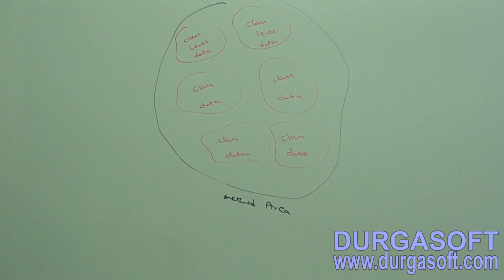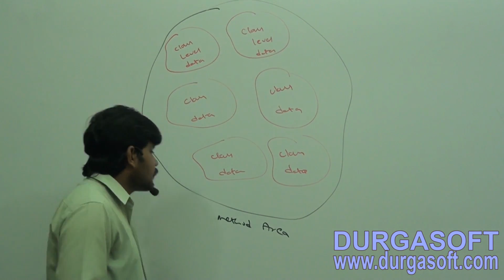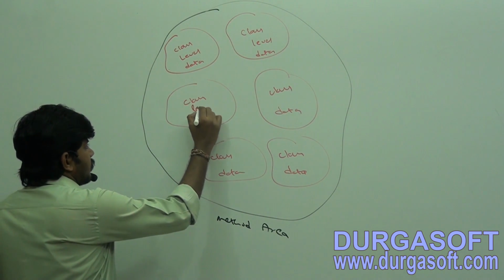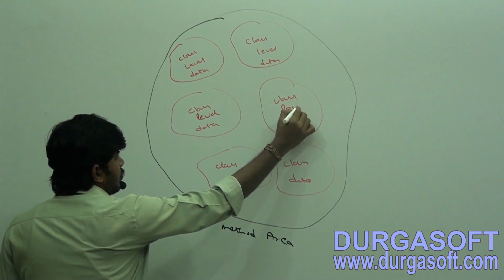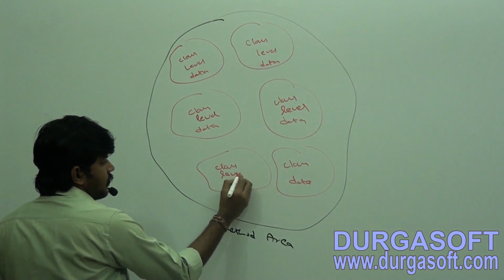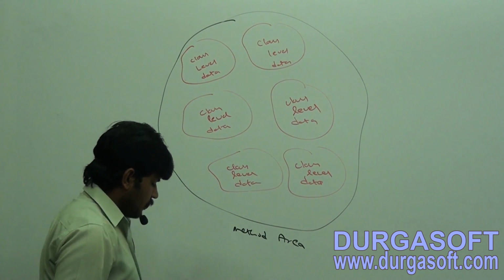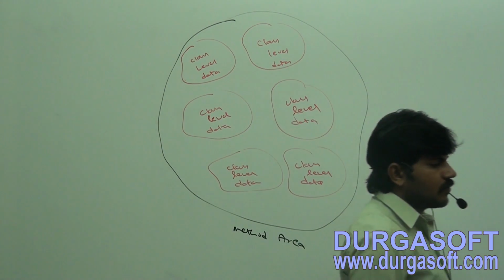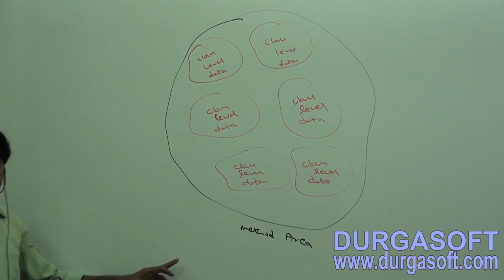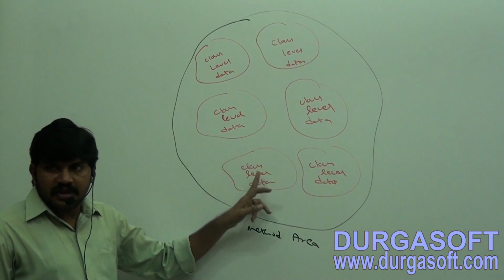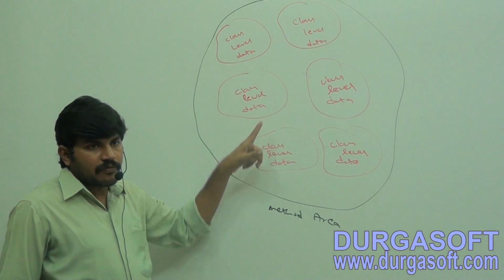Class level data like this. So are you able to understand that inside method area which data by default will be saved?